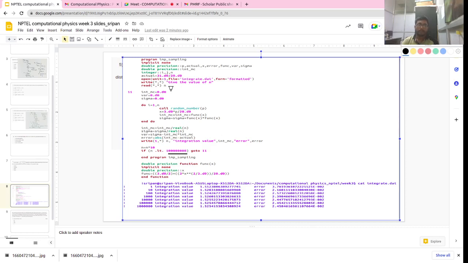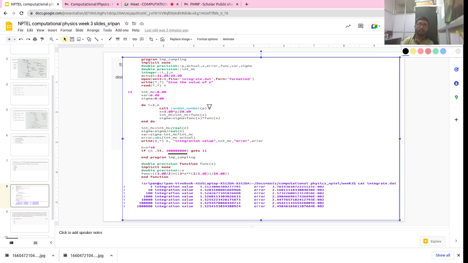Okay, so firstly we consider that the integration value which we get through the Monte Carlo simulation is 0, and then we call a random number, say p. Since this is a one-dimensional integration, you have to generate only one random number for a particular value of n.